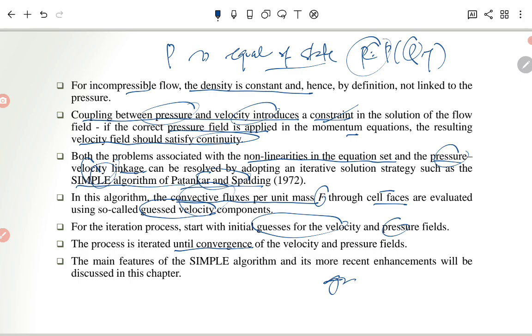The guessed value is approaching the real value, so the simulation will converge. The main feature of SIMPLE is to improve the guessed value that we use to solve the pressure and velocity link equation for the momentum and continuity equations.